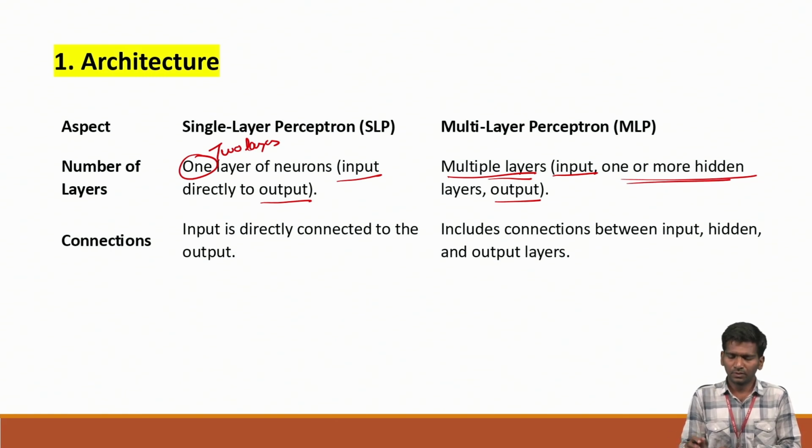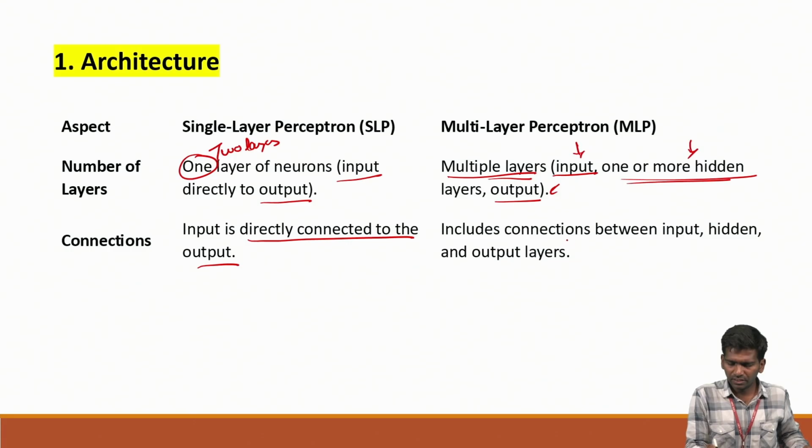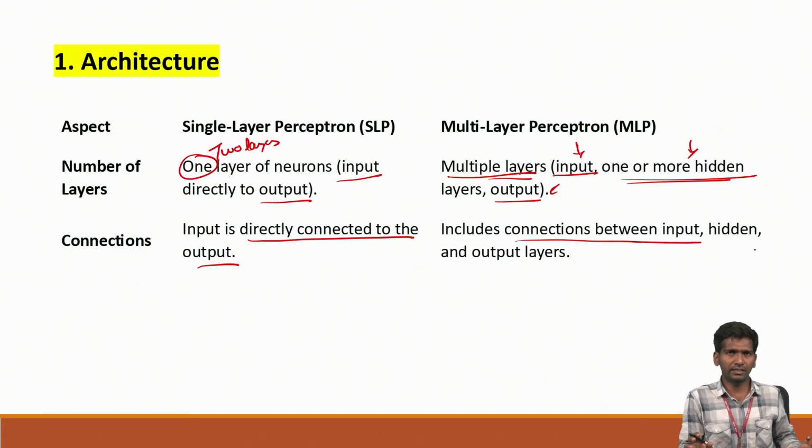For inputs, hidden layers and outputs we pass an activation function. Generally for hidden layers we take ReLU, and for the remaining inputs and outputs we take another activation function. In MLP the connection includes inputs, hidden layers and outputs. This is the architecture difference between SLP and MLP.